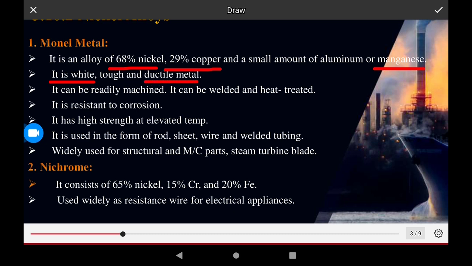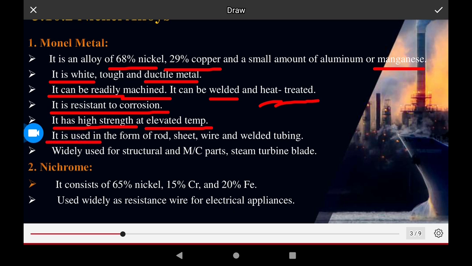It can be readily machined, welded, and heat treated. It is resistant to corrosion. It has high strength at elevated temperatures.